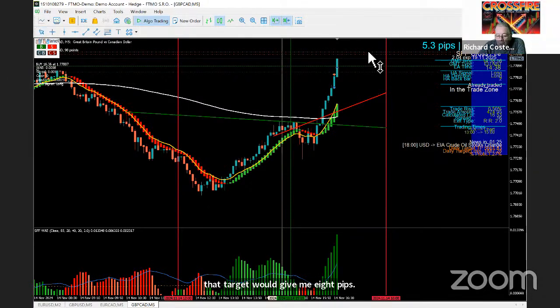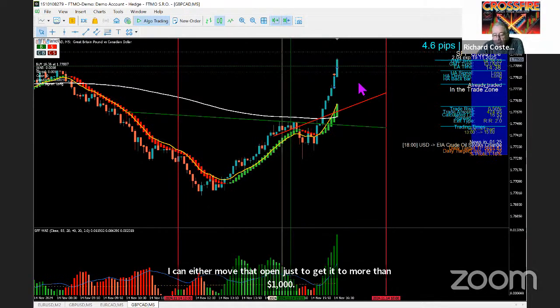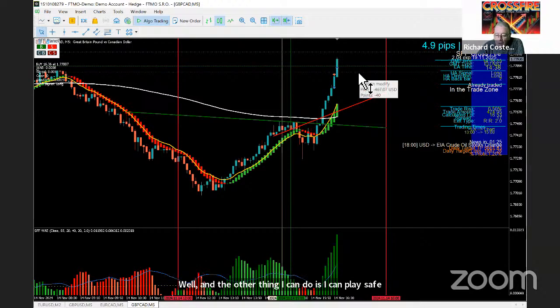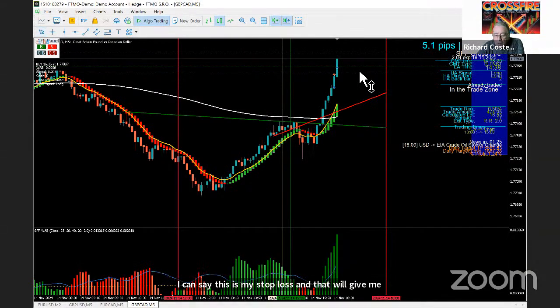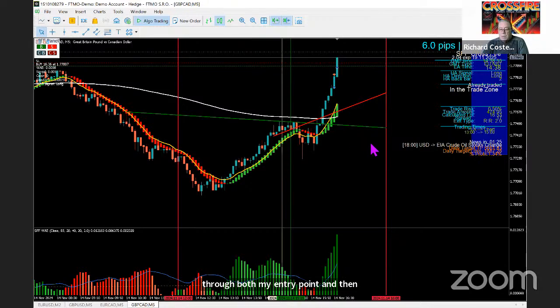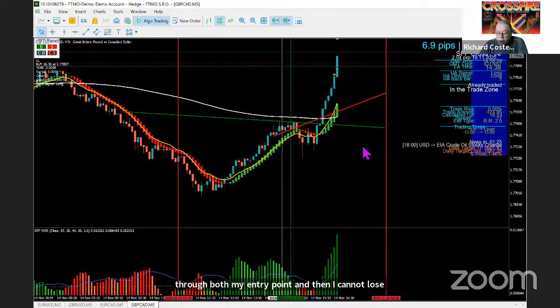So I can either move that up to get it to more than $1,000, or the other thing I can do is play safe with my stop loss. I can say this is my stop loss, and that would give me 4 pips stop loss. Why don't I move that up to above my entry point, and then I cannot lose.